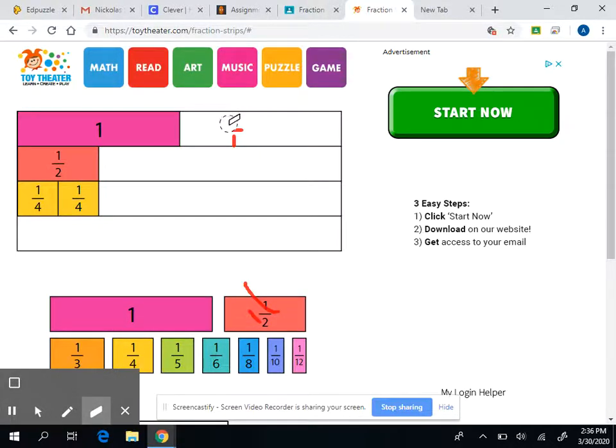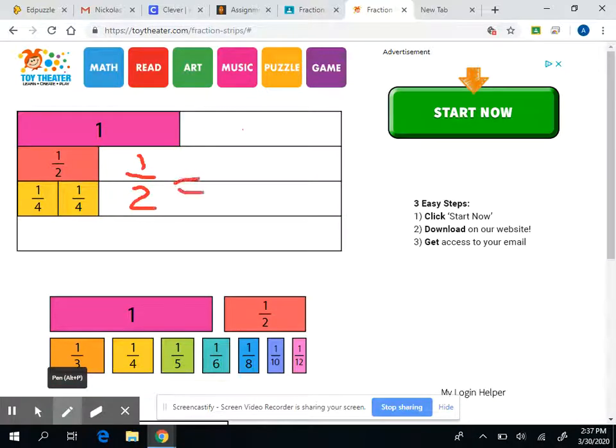Good, 2 fourths. So 1/2 is equivalent to 2 fourths.